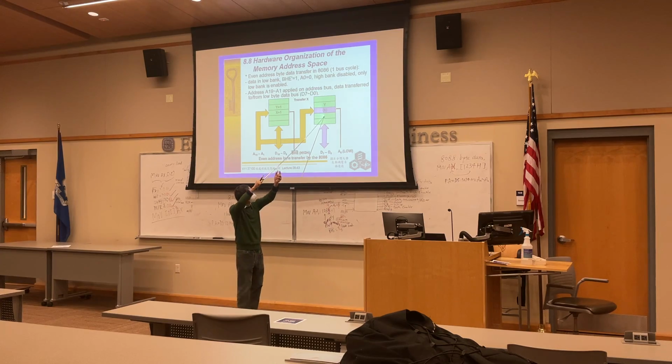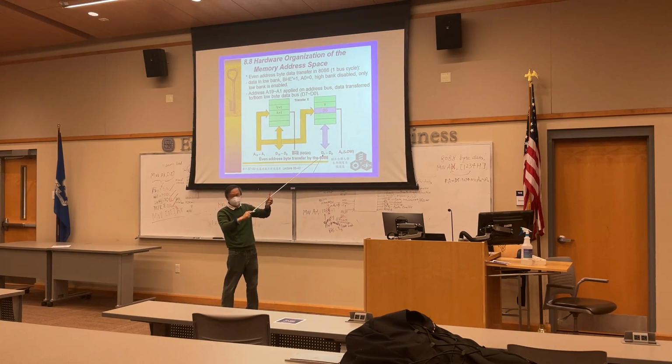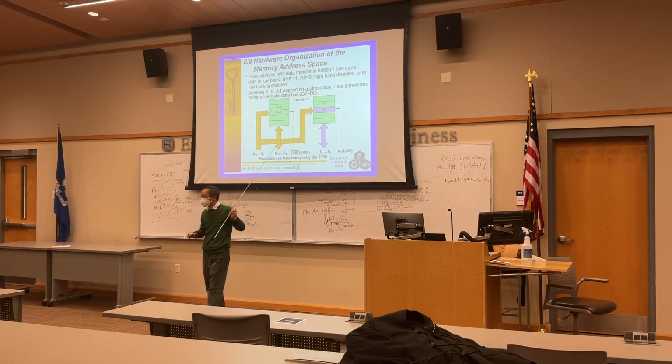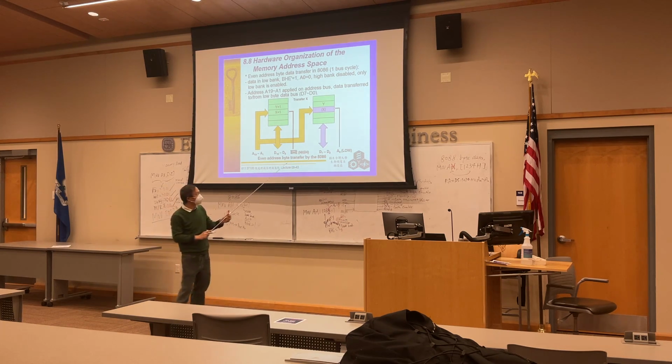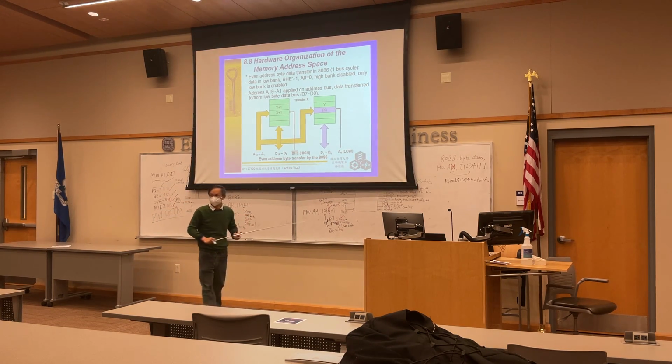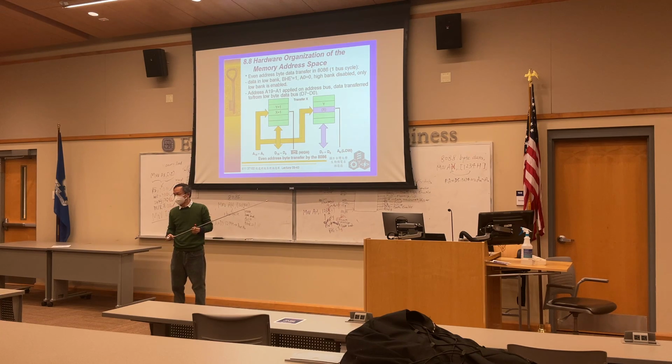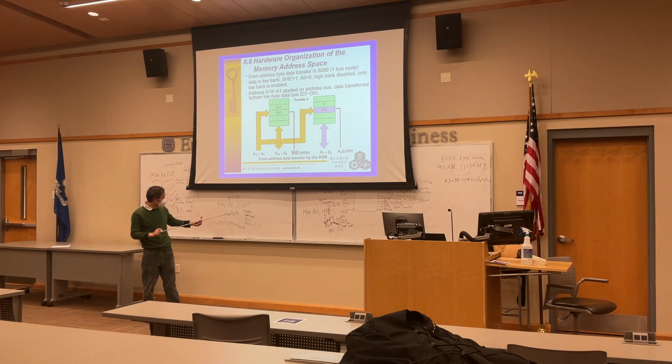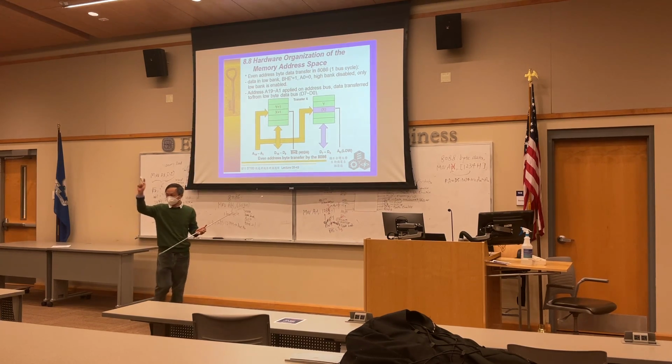Locate the data here and send it to the lower byte of the data bus, because now your data bus has 16 bits. D0 to D7, and then from the lower byte of the data bus, go to the AH register. One bus cycle.